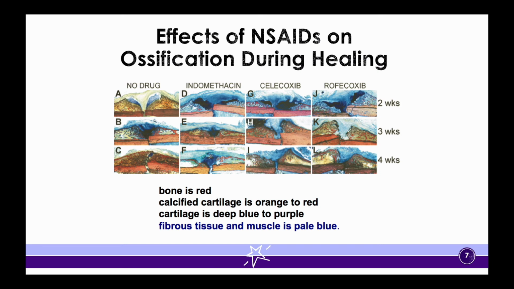And I feel like that is a really powerful picture of how this was occurring and delaying the healing process, where you can see good healing taking place when there's no drugs administered. But in every other case, when drugs were administered, at 4 weeks, it was nowhere near the healing process that it was with no drugs, and was in fact kind of more similar to what we saw after only halfway through. So I think that's just a good, powerful visualization of that.